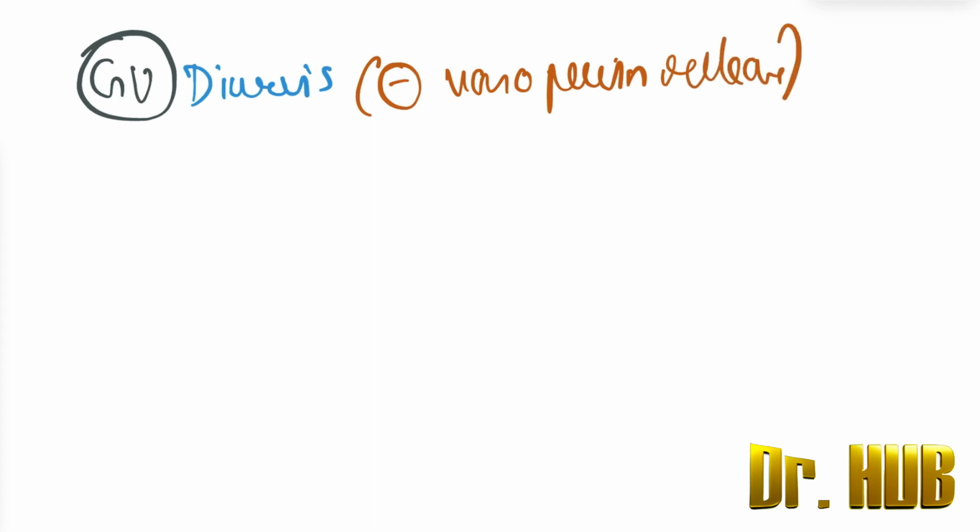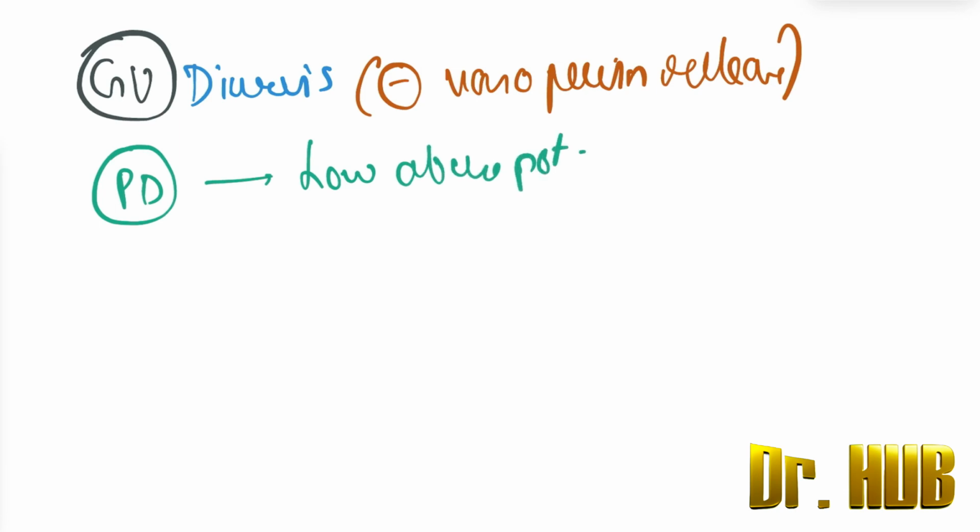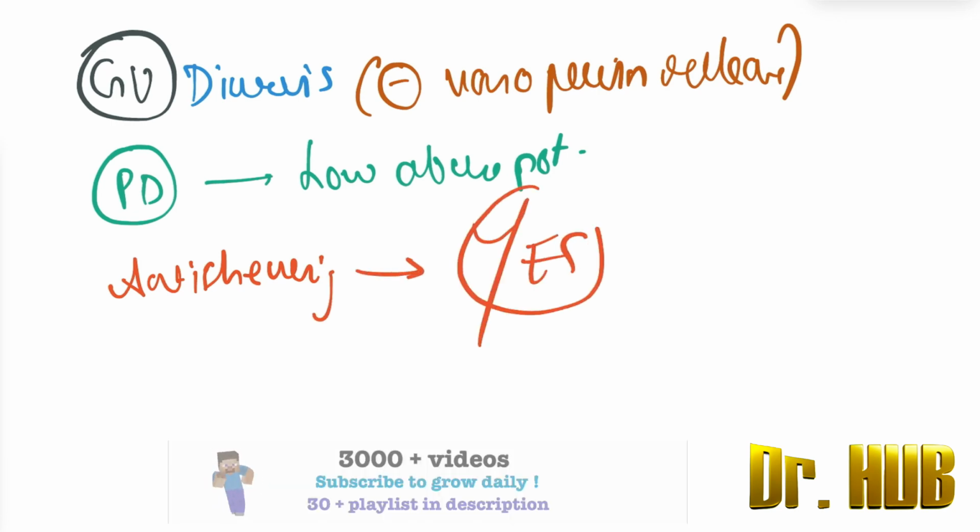Pruritus is nothing significant. In physical dependence, there is low abuse potential. Comparing the mu, kappa and delta receptors, anti-shivering is present in the kappa receptors. So the answer is a big yes.